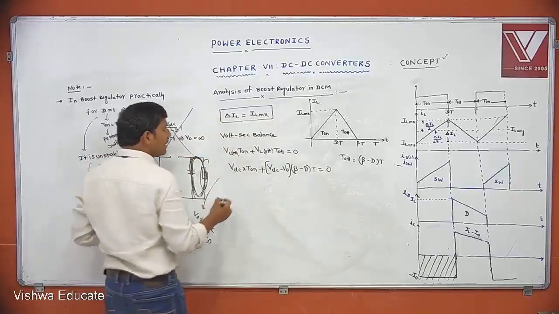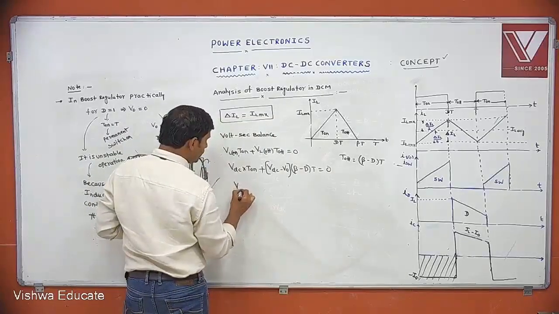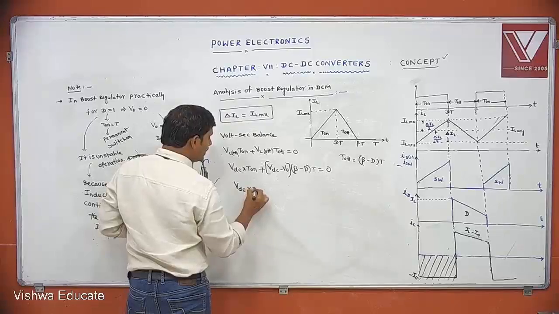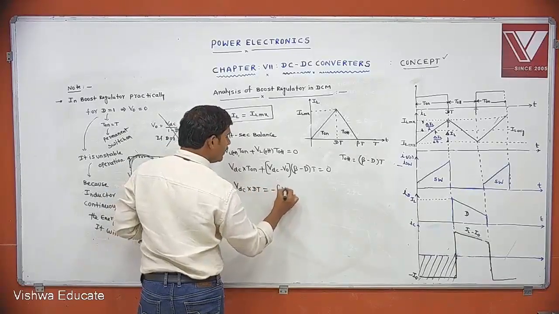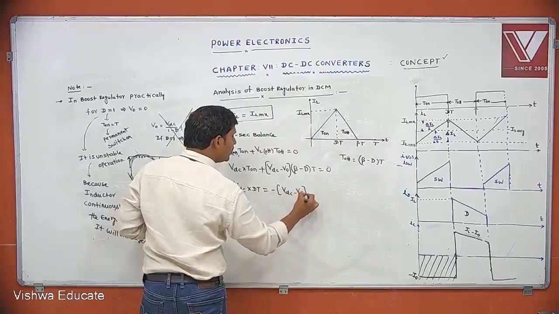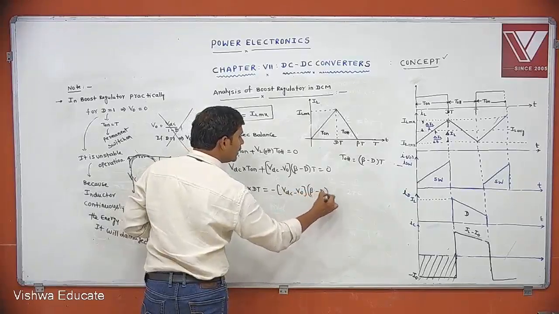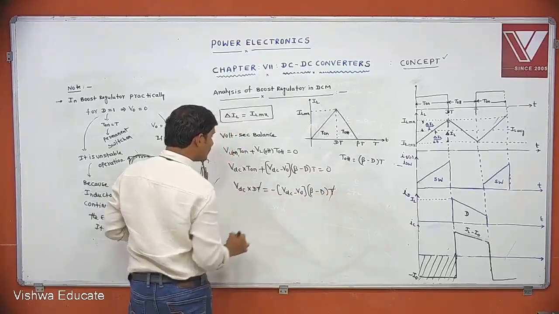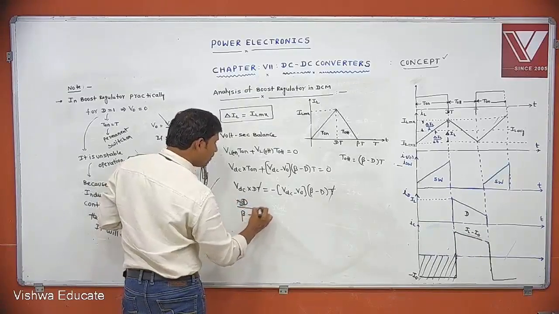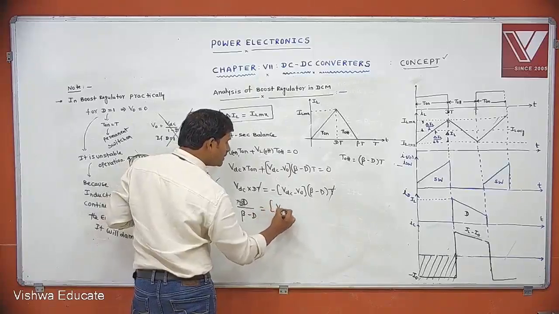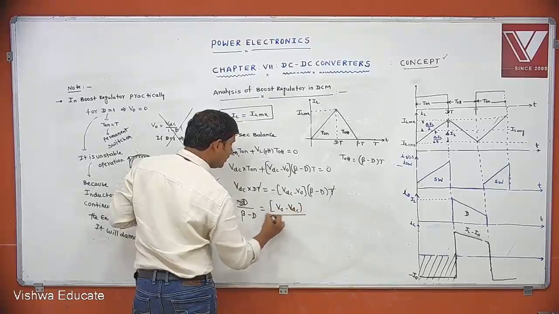Shall you write like this? VDC into T on, written as D T, is equal to minus VDC minus V naught into beta minus D into T. T cancels. Shall you write like this? VDC D by beta minus D equal to V naught minus VDC by VDC.